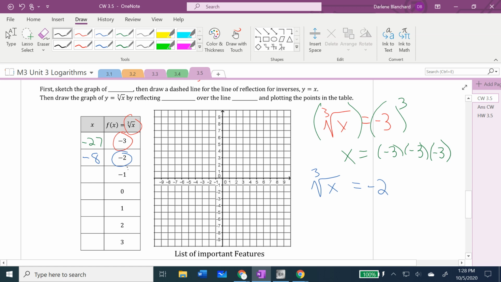If the cube root of x is equal to -1, that was poorly drawn. What is x if its cube root is going to give you -1? -1, good. Next, if the cube root of x equals 0, what is x?